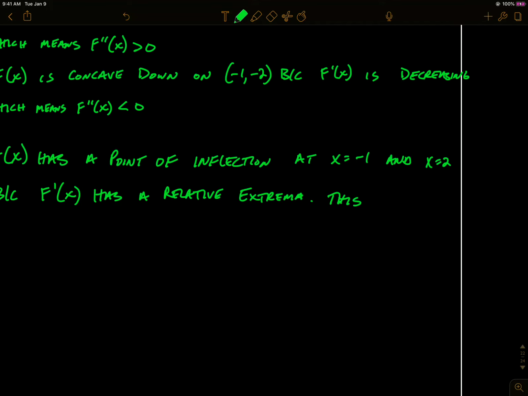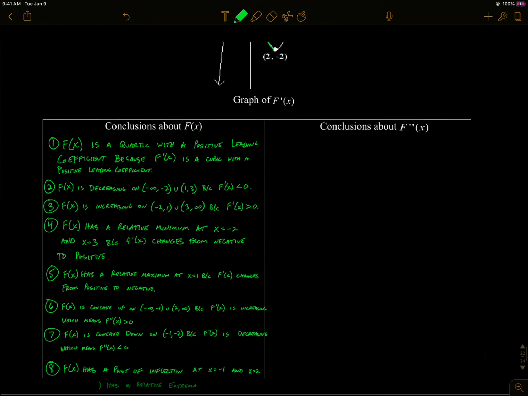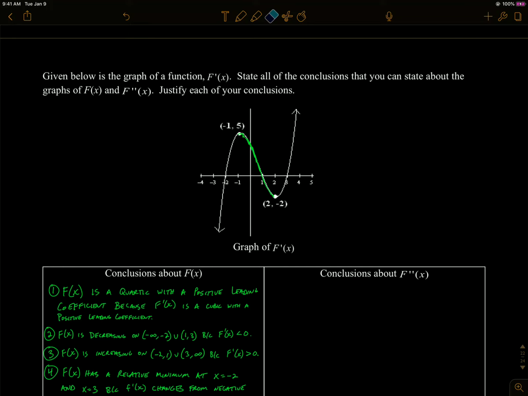This means if the derivative had a relative extrema, that means its derivative must change signs. And anywhere the second derivative changes signs means you have a point of inflection on the original. So that's what we know about f based on f prime.